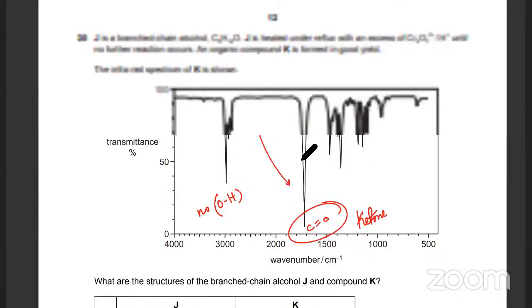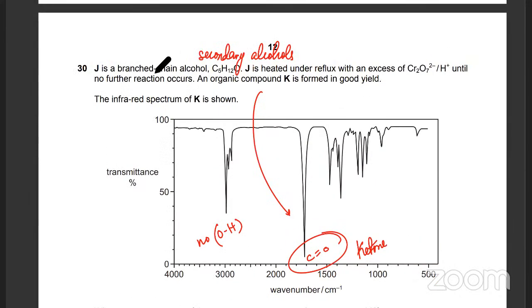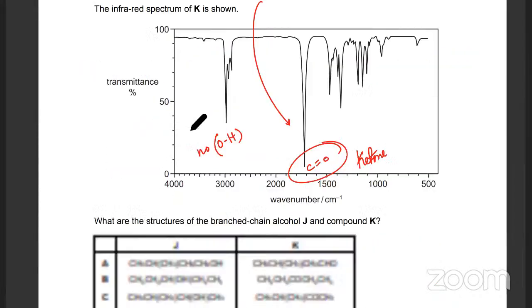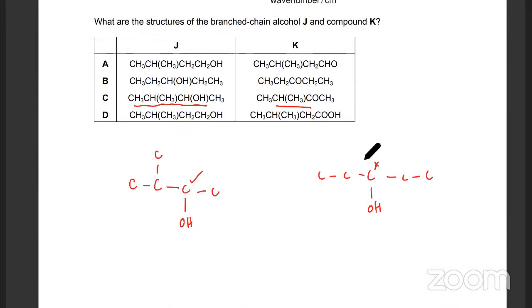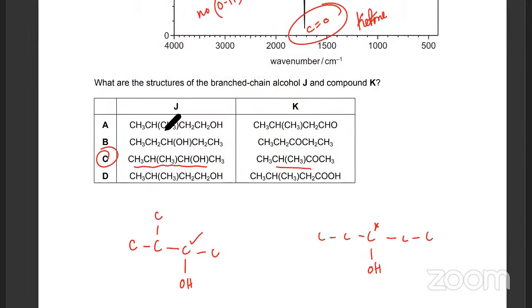The only difference is that initially they told us that J is a branched chain alcohol. So this is not a branched chain alcohol. This one is. So the answer is going to be C. Is that clear? Yes. Otherwise B was fine as well, but the first statement wasn't. Just remember, whenever you read your MCQs, read them very carefully.